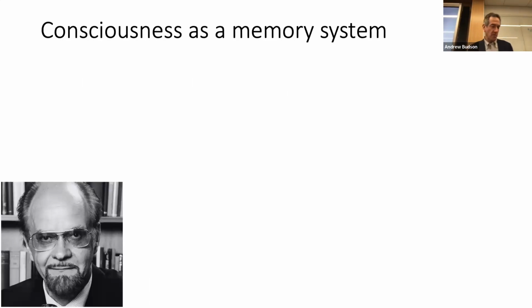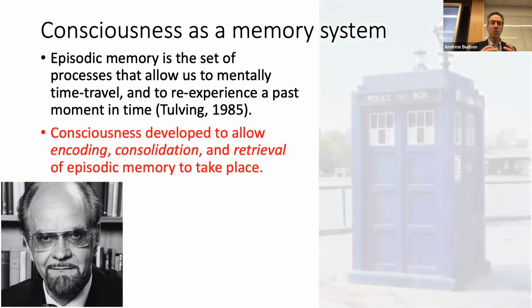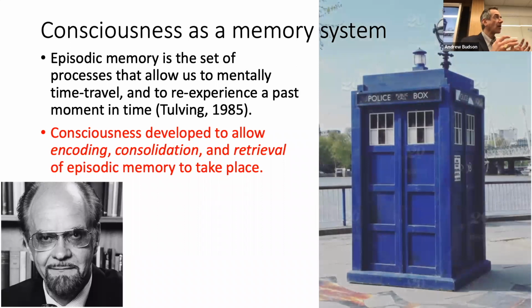And the answer that I came up with my colleagues is that consciousness is really a memory system. Now, it was Endel Tulving that told us that episodic memory is our processes that allow us to mentally time travel backwards and to re-experience a moment in time. And we argue that consciousness developed to allow encoding, consolidation, and retrieval of episodic memory to take place.